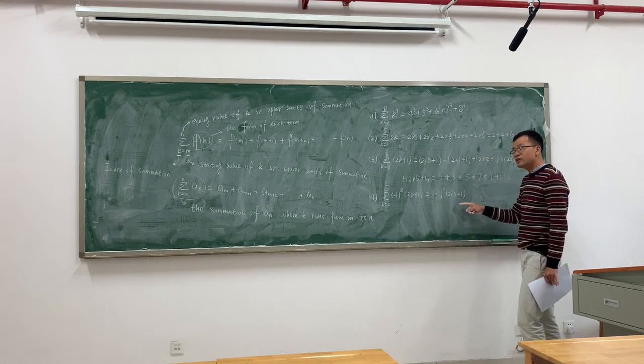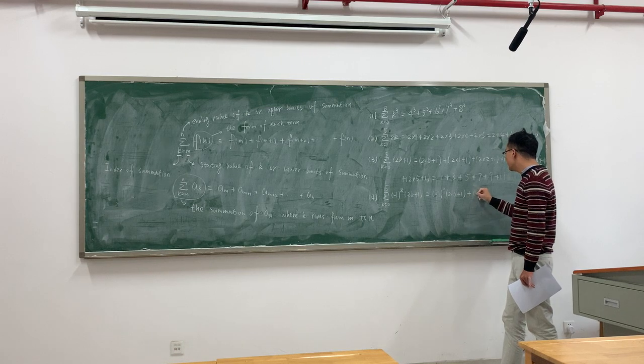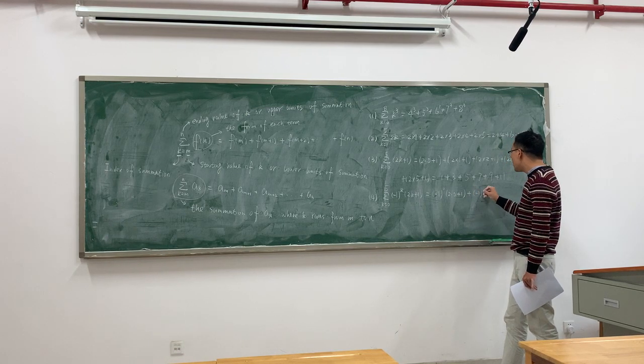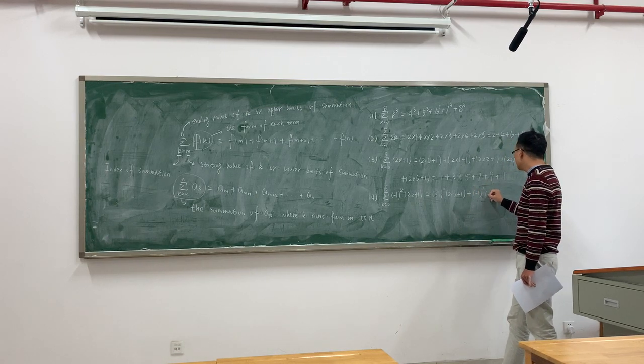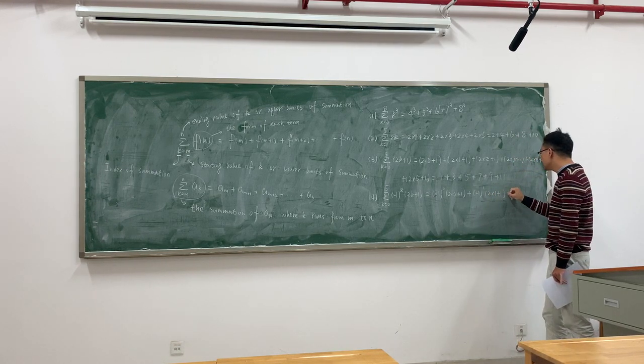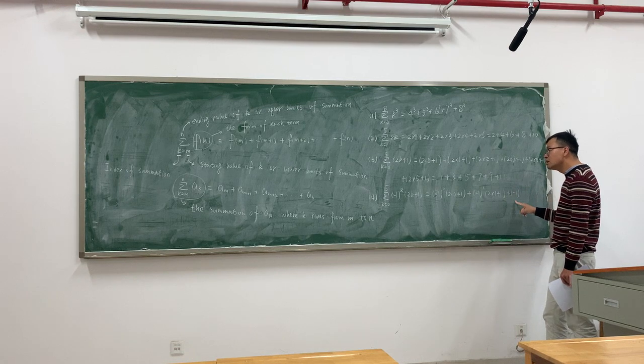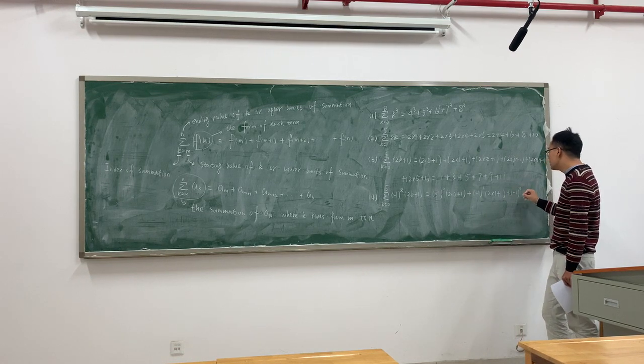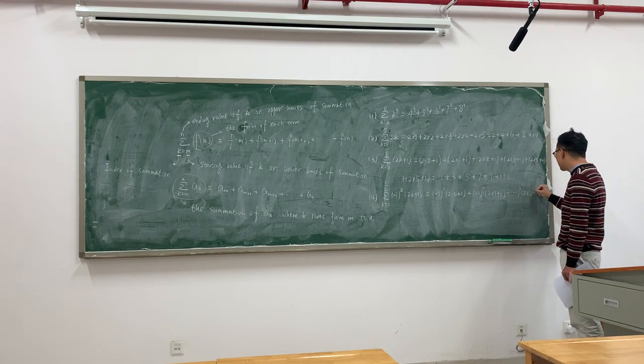The second term is (minus 1) to the power 1 times (2 times 1 plus 1). The third is (minus 1) squared times (2 times 2 plus 1).